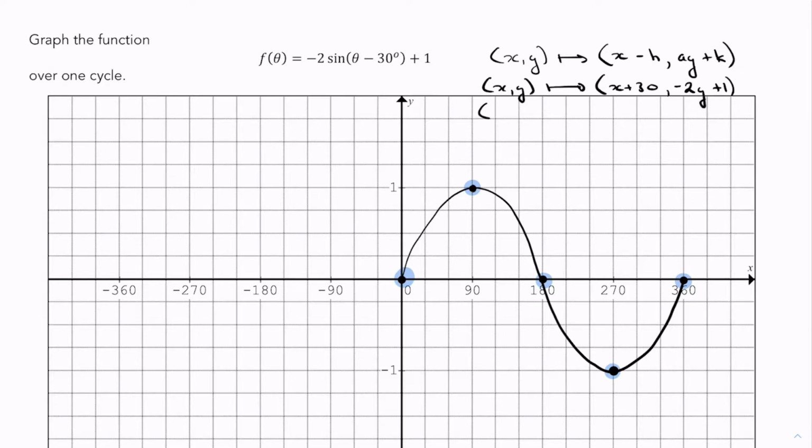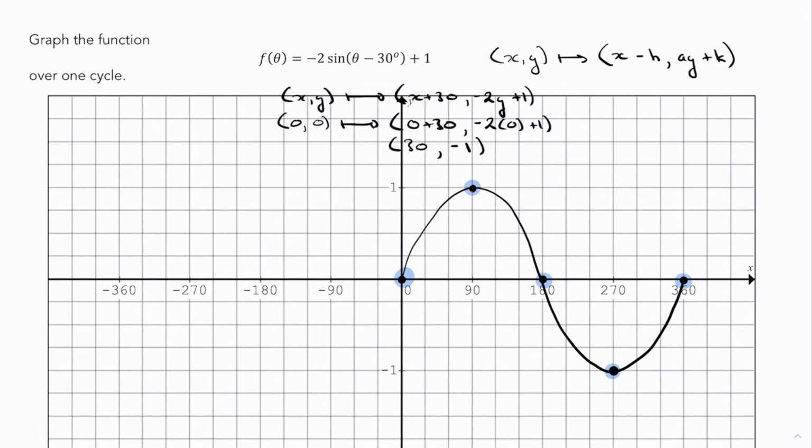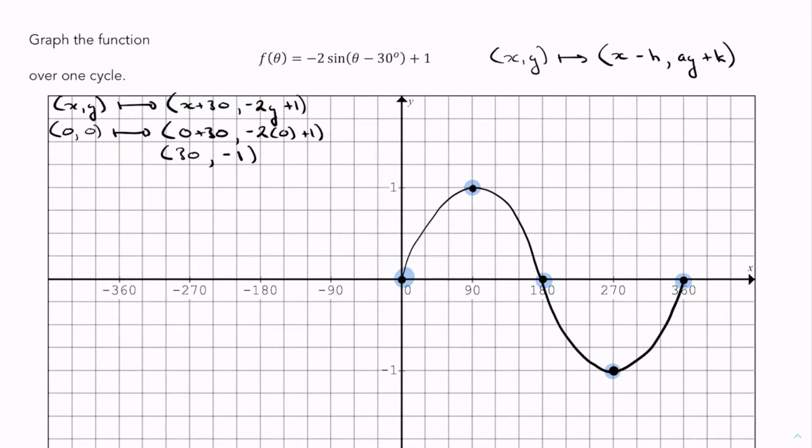So what happens to the point 0, 0? Well, according to our notation, we get 0 plus 30 and -2 times 0 plus 1. That's just 30, 1. Let me move all this, I'm going to need some space. I'm going to put this over here, and this is my final point.